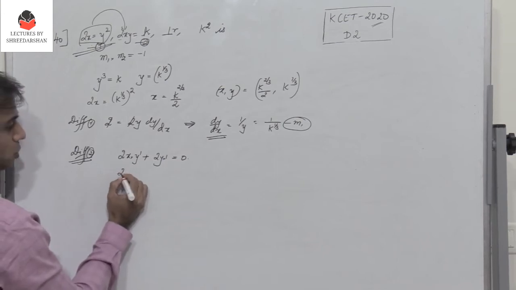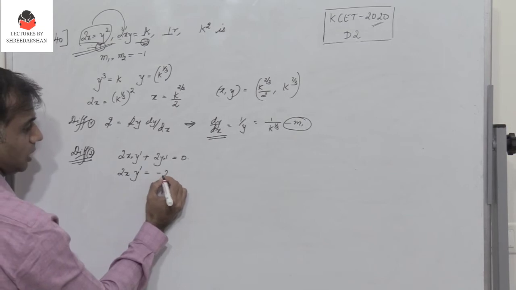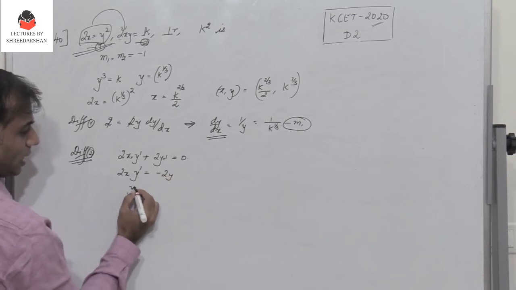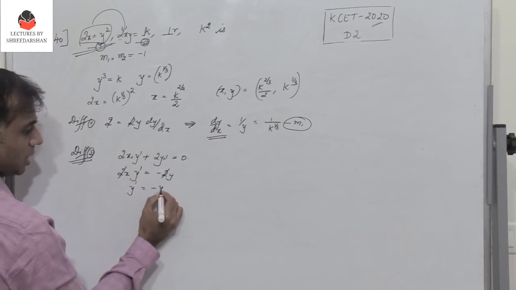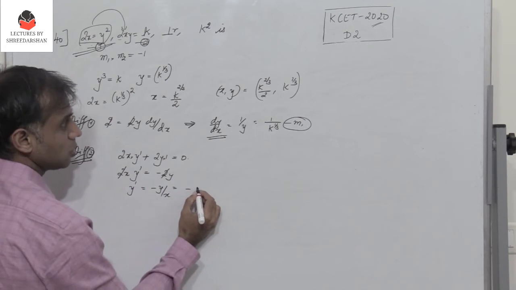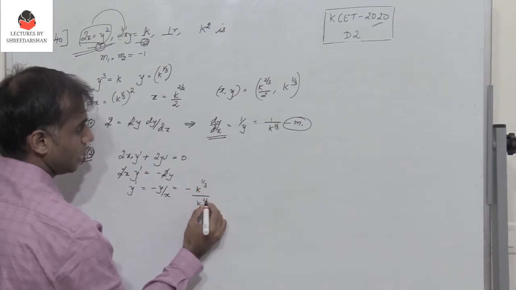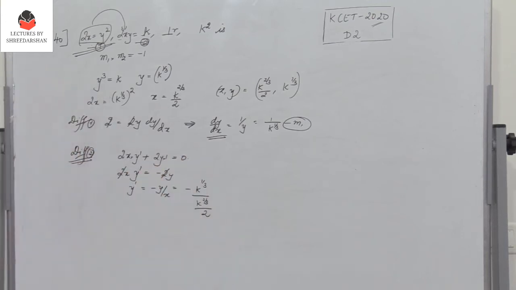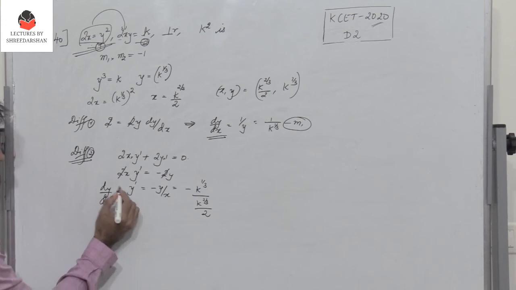Alright, so I have 2x into y dash equals minus 2y, or y dash is equal to, 2 gets cancelled, minus y by x. And what is y? I have minus of k power 1 by 3 divided by k power 2 by 3 divided by 2. So this is y dash, or this is dy by dx.